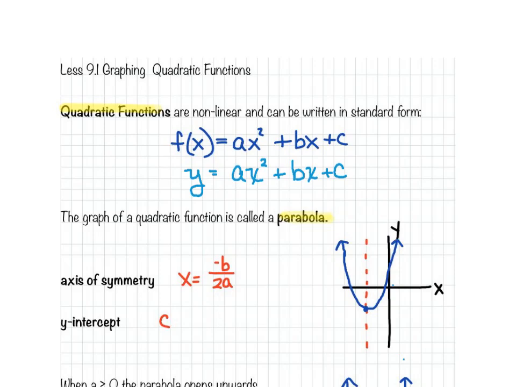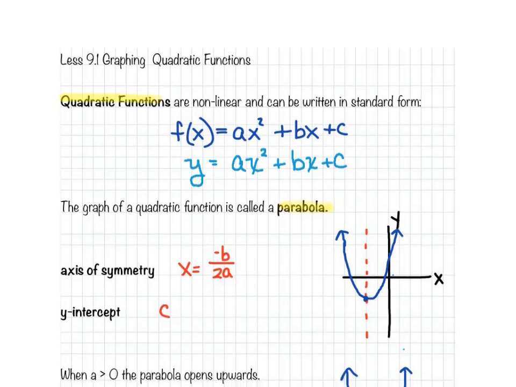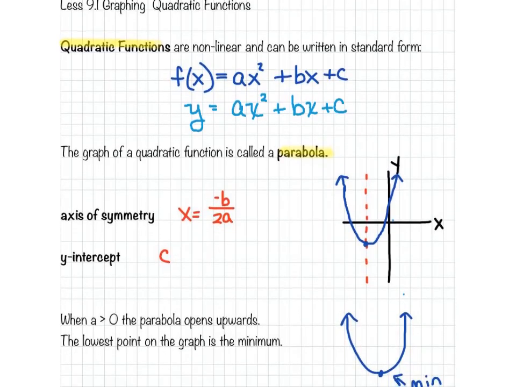So there are characteristics about a parabola that you need to know. A parabola is symmetrical. That means that there is an invisible line that you can draw on a parabola, which I've drawn as a red dotted line, where on either side of the line you have the same exact image. It is symmetrical.